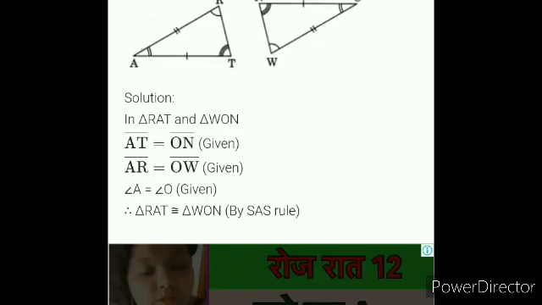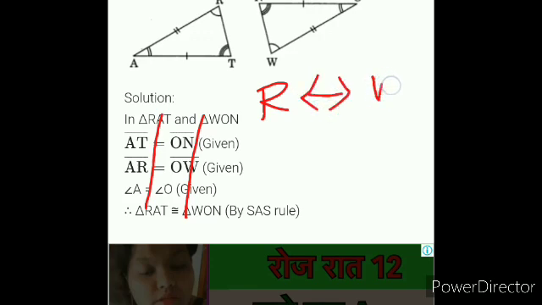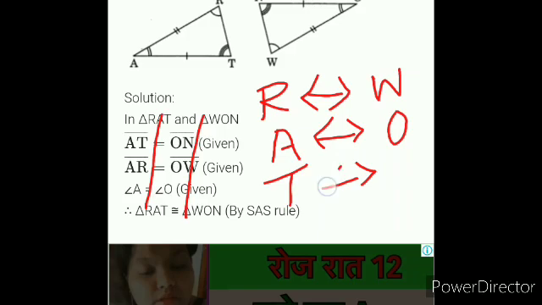Now, don't write this solution, you should copy down what I am writing, that is vertex R corresponds to W, next A corresponds to O, T corresponds to N. Last line you can write this much.